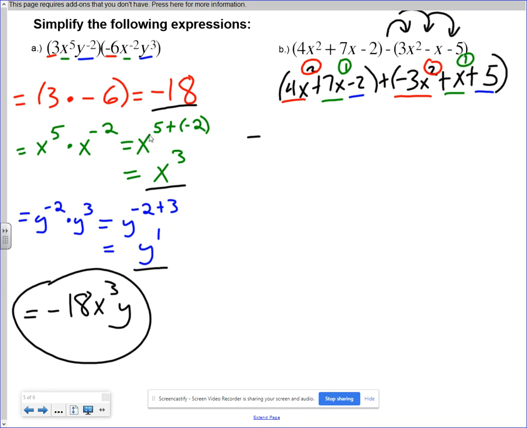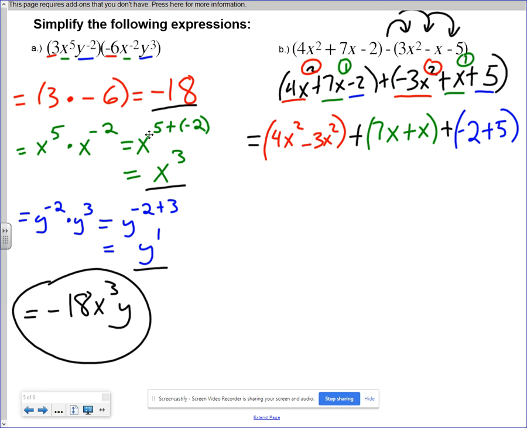So this will be equal to 4x squared minus 3x squared, plus 7x plus x, plus negative 2 plus 5. And now we can go ahead and evaluate these expressions.